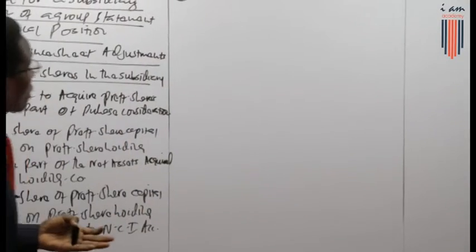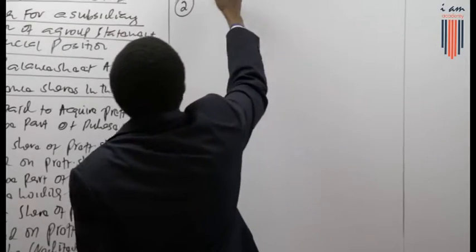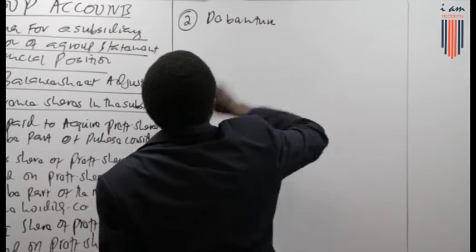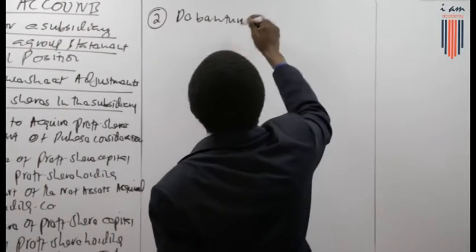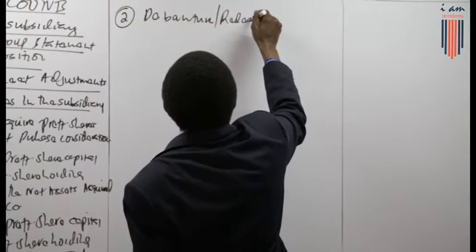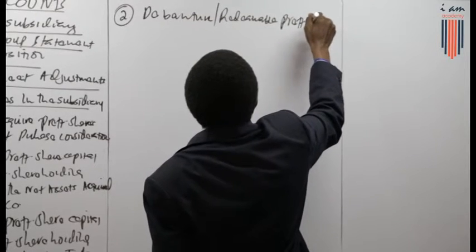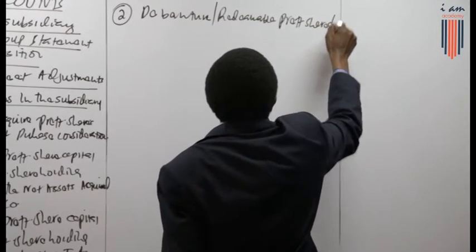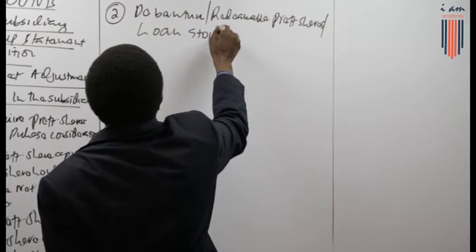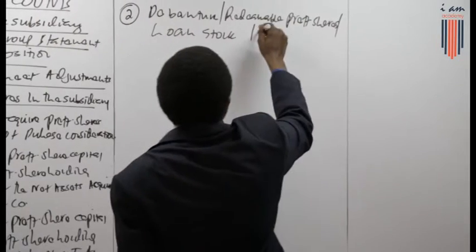Then we come to the other item. We talk about debenture. We may have debentures, redeemable preference shares, or loan stock, and etc. Those kinds of items in the subsidiary.